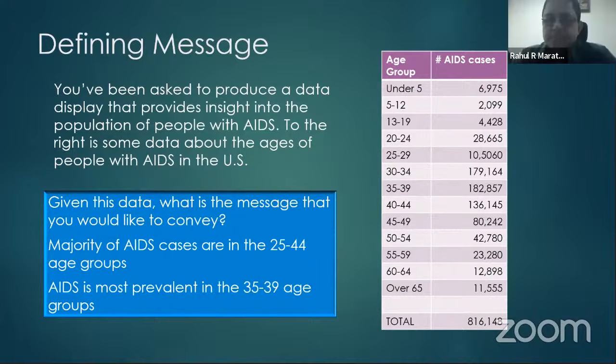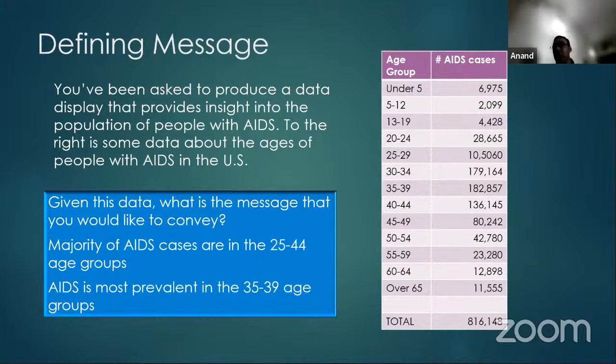These are children who have contracted AIDS through no fault of their own, correct? So in some ways, I might be looking to emphasize that. In some cases, I might be emphasizing just statistically that this is the most at-risk group, in the 25 to 39 range, whatever it may be.